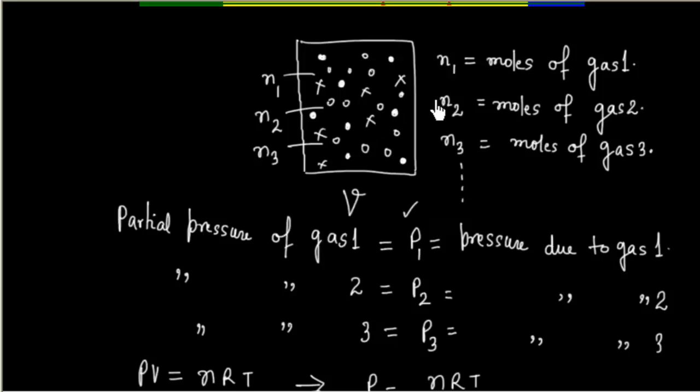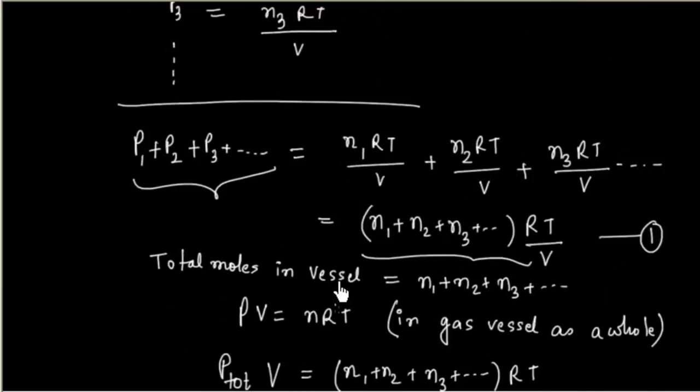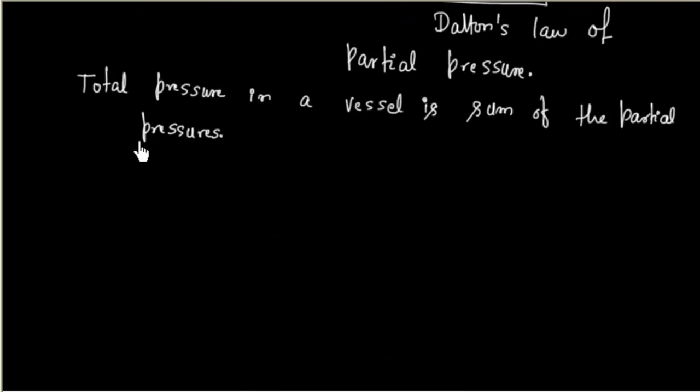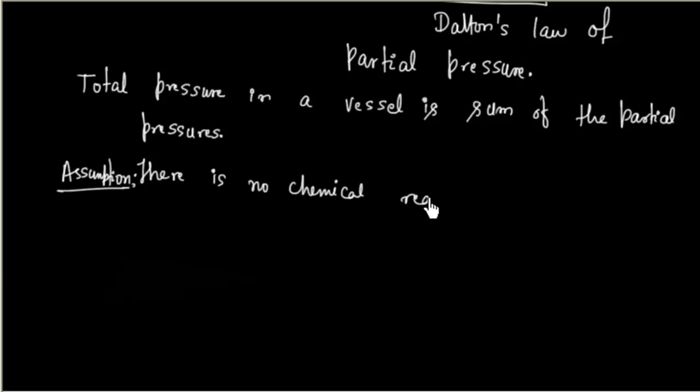Let us say component 1 and component 2 do not have any kind of chemical reaction. So this is valid when, as an assumption, there is no chemical reaction between any of the gases.